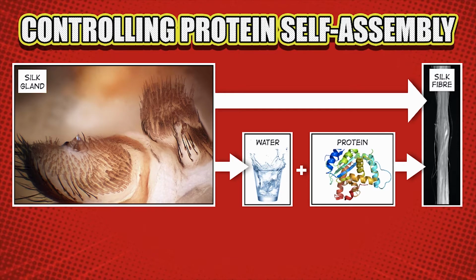Animals or insects like arthropods or silkworms are doing this by simply regulating the amount of water and the amount of protein. The more hydrated the fiber, the less crystalline it is. As soon as we dehydrate the silk fiber, we induce additional crystallization, and the fiber is finally converted into a solid, quite stable, mechanically tough, strong fiber.